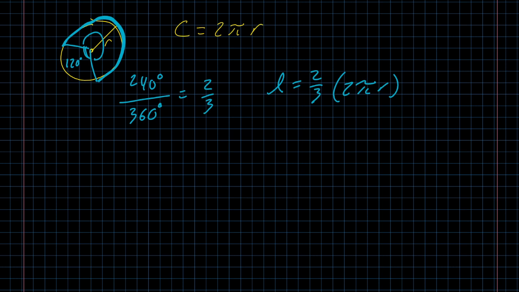I just realized that I got this far, never writing down the radius of the circle. So let's write down that the radius of this circle was 8.5 inches. So my length here is 2/3 times 2 pi times 8.5 inches.